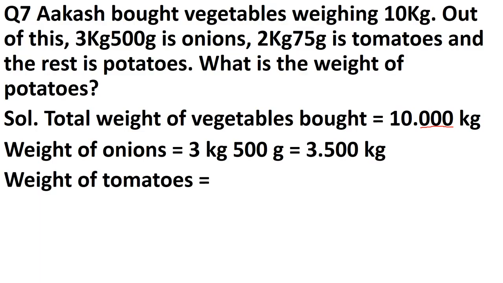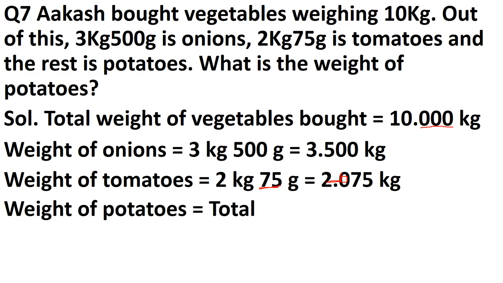Weight of tomatoes 2 kilogram 75 gram. Now here are only 2 digits, and we want 3 digits, as in gram 1000 grams are there in 1 kilogram. So 0 we will write in front of 75. It is 2.075 kilogram.